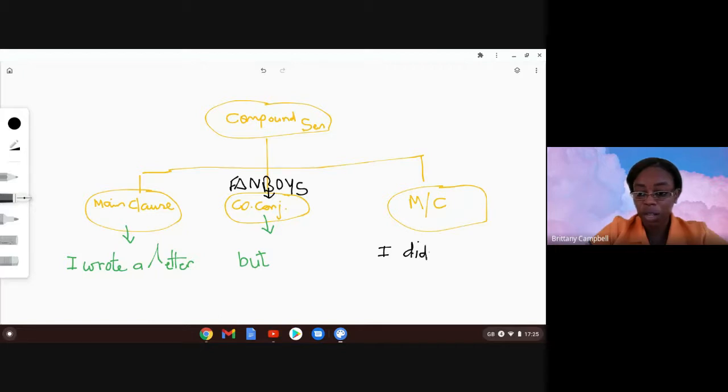Are you following along? Beautiful. So I did not post it, P-O-S-T, that is the spelling there. So do you realize here where we have the compound sentence, we have the main clause, I wrote a letter, and then we have a fanboy here, but, and we have another simple, meaningful sentence.